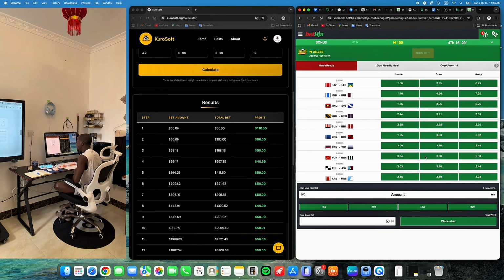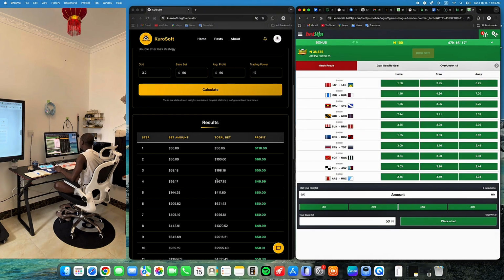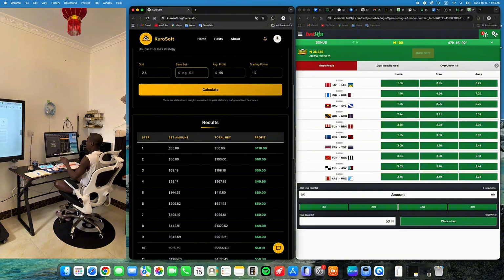Let's take, for instance, the odd you are playing is maybe 3.2 odd. I'll just still use this 3.2 odd, of which some persons even play below this odd. Okay, you are playing 3.2 odd, or let's say 2 odd, or maybe 2.5 odd, and you are using 500 naira to start.